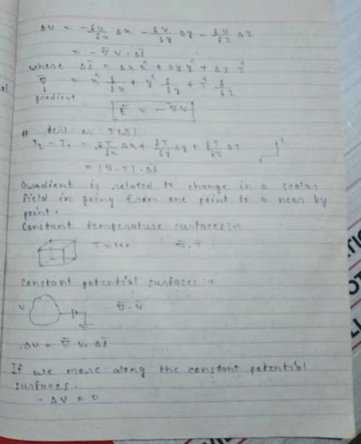Let's say T equals 100 degrees. Or let us also look at constant potential surfaces. Suppose I take a metallic geometry and connect it to a battery. The other side of the battery is grounded, so that the potential all over is V equal to the EMF. Then this is also a constant potential surface.